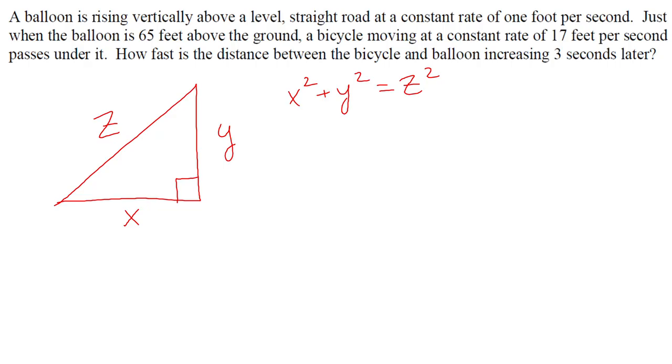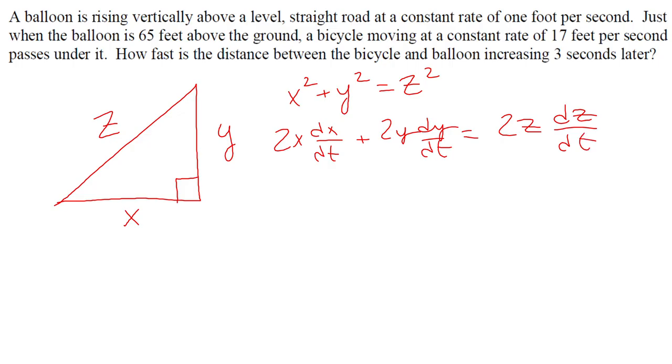Or in other words, if we take the derivative, we've got 2x dx/dt plus 2y dy/dt is equal to 2z dz/dt. And of course, the 2's can all cancel. So we really just have x dx/dt plus y dy/dt equals z dz/dt. We just need to figure out what each of those things are.